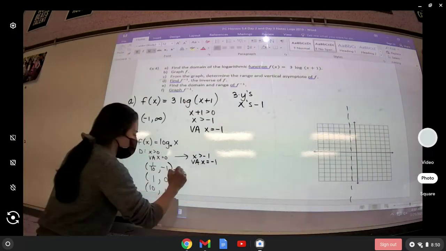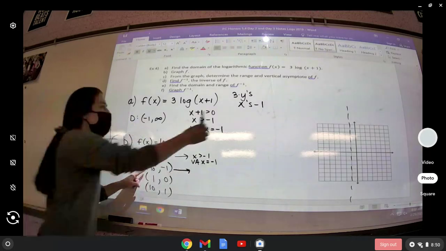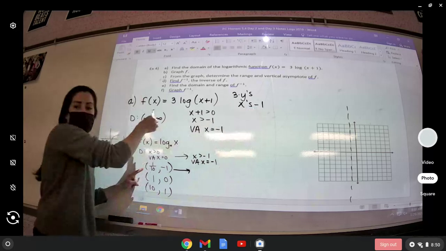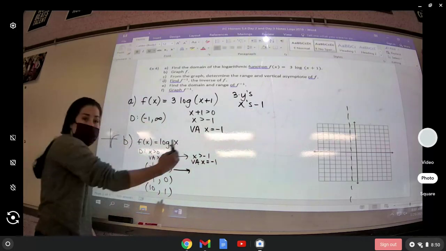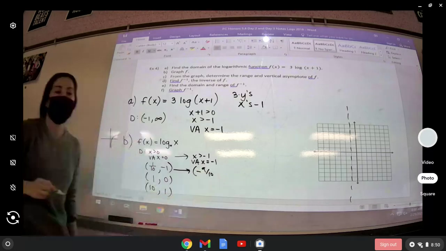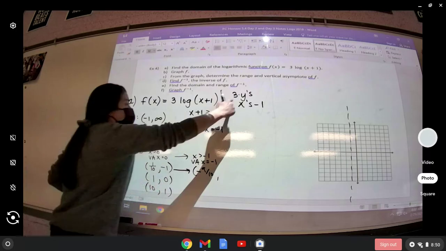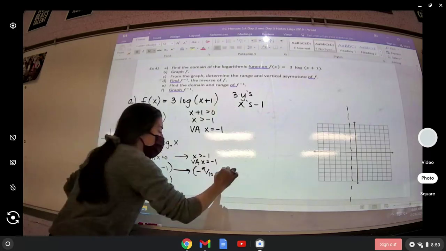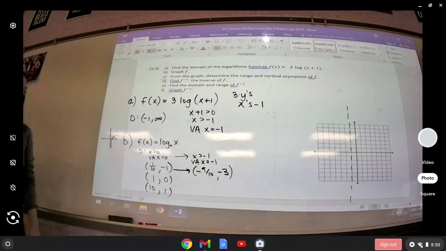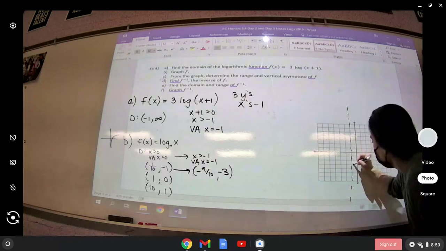Now let's switch our ordered pairs. All right, if 1/10 was on the original one, I have to take that and shift it to the left 1 whole unit. So what's 1/10 minus 1? -9/10. Take -1, the y coordinate, and make it 3 times as big, -3. So now -9/10, -3 lives on this graph.